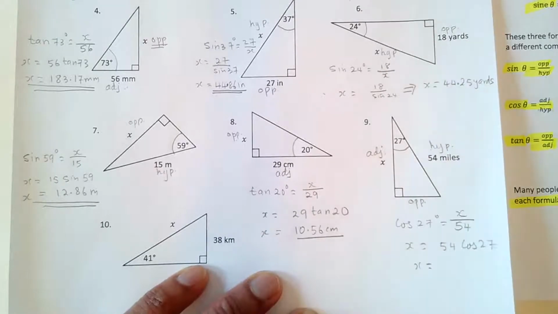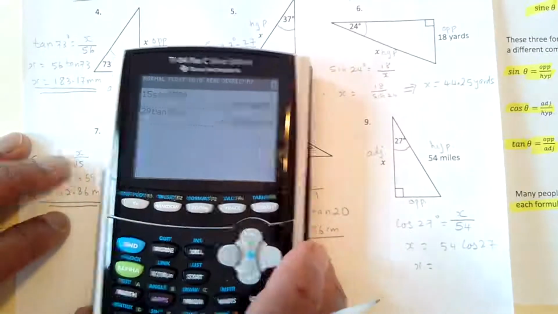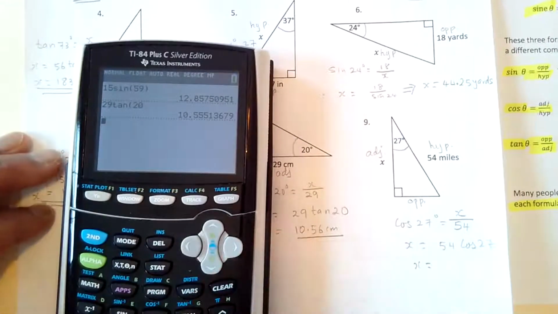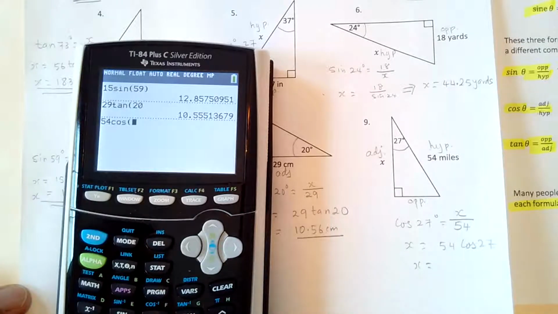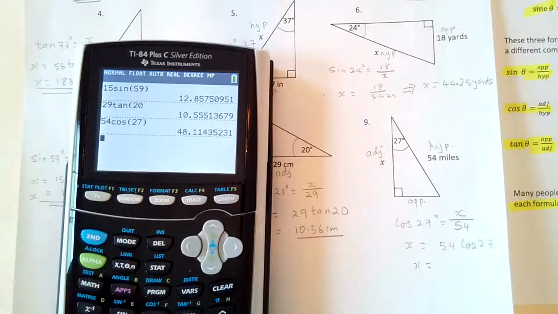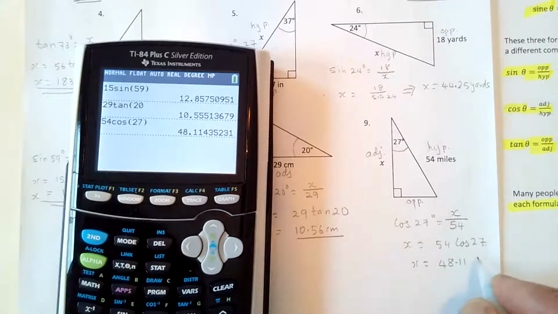On my calculator, that works out to be 48.11, and that's in miles.